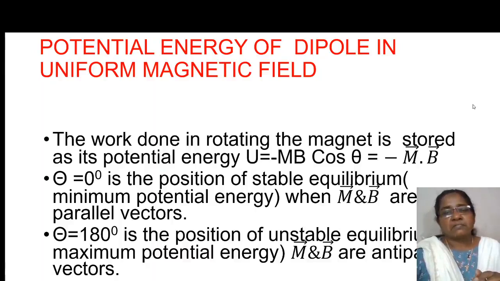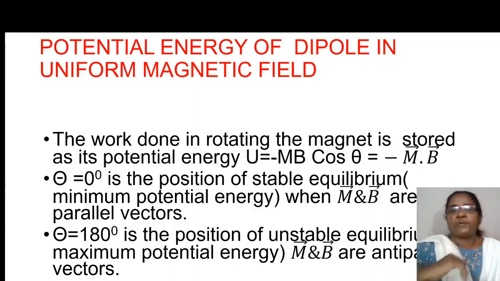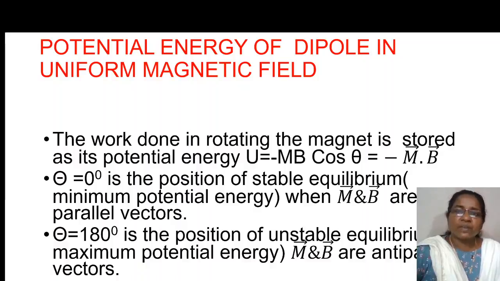But in the case when theta is 180 degree, that is its moment is aligned opposite to the external field, U is equal to positive m b, because cos 180 degree is negative 1. So potential energy becomes positive and the system is in unstable equilibrium.